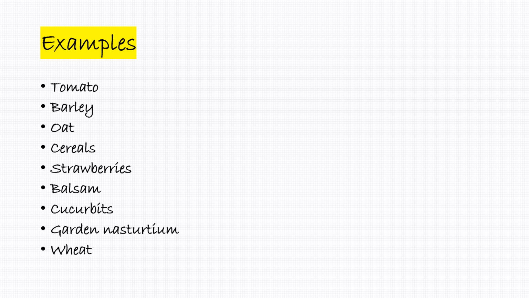Now let me clear one point before we start the examples. This is about guttation and vascular plants. Since guttation relies on pressure, it cannot occur in large plants such as trees, because the pressure required to force water out is too large.